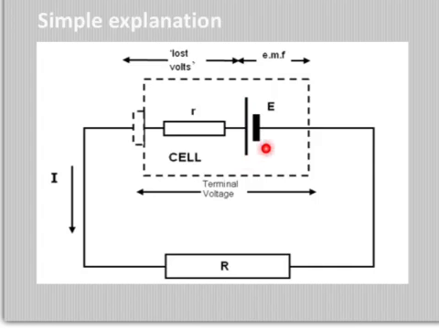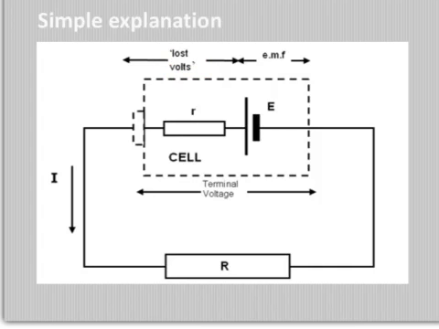The cell produces EMF. The voltage produced by a cell is called EMF, symbolized by ε. A small portion of that EMF is needed to overcome the internal resistance of the cell, and that portion of the voltage is called lost volts, because it is a loss to us.